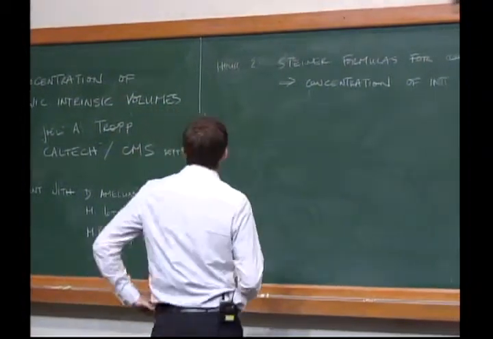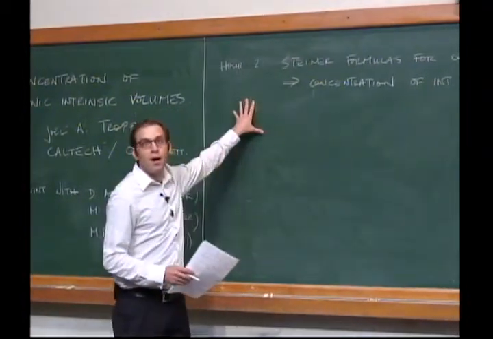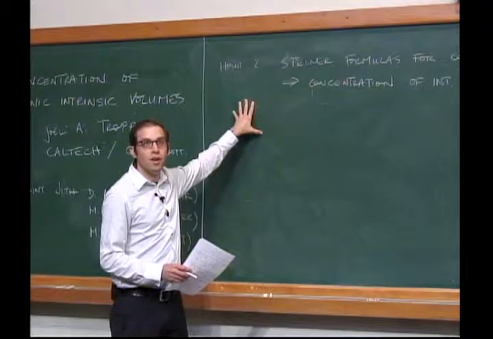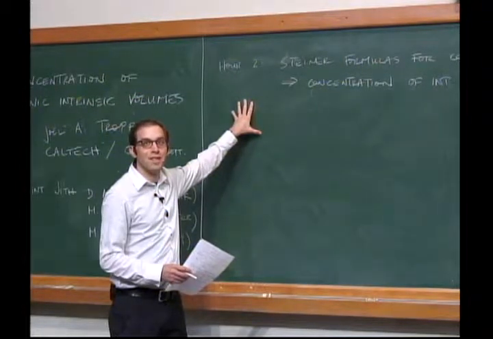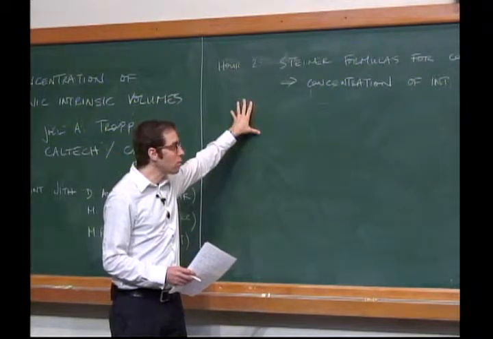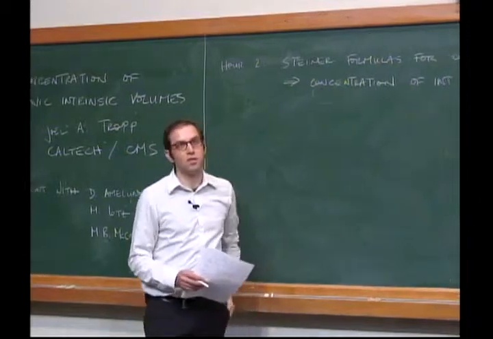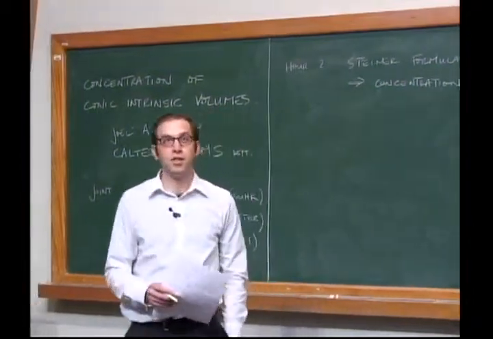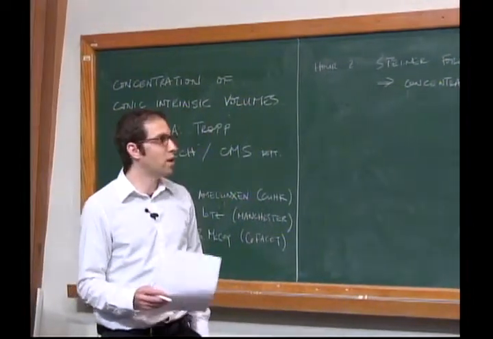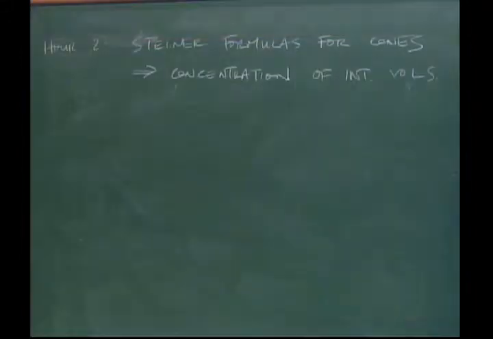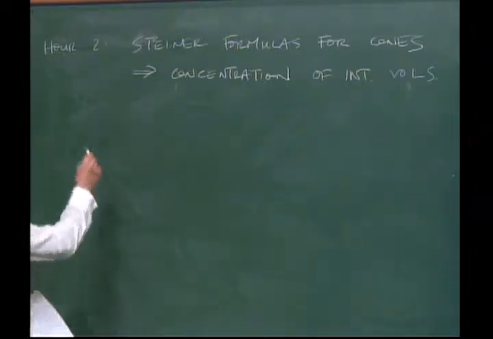And the second hour of the talk is about why the intrinsic volumes of cones concentrate. And this turns out to be a consequence of a type of geometric fact called a Steiner formula. And we developed a new Steiner formula for cones that allowed us to demonstrate this concentration of intrinsic volumes in a very efficient way. And so my goal now is to explain the circle of ideas to you.